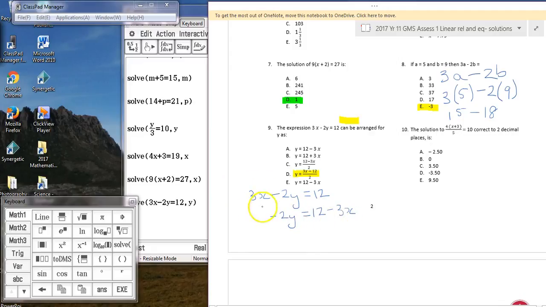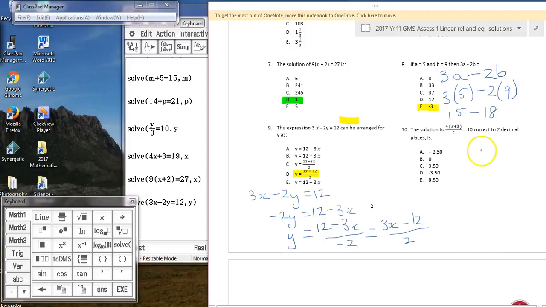Because we've moved this to the other side where it's positive here, it has to be negative over here. We're then going to move the negative 2 over, so it becomes 12 minus 3x on negative 2. The negatives cancel out on the 3, so we end up with 3x minus 12 on 2, and it just makes it a neater solution.